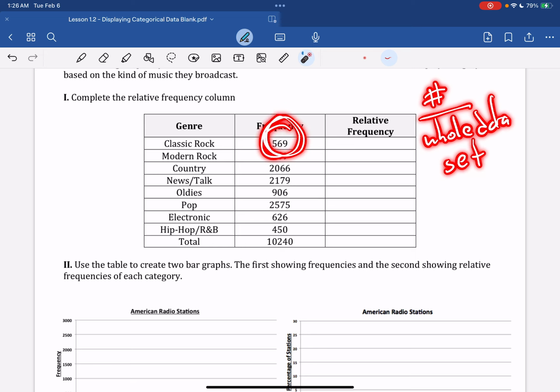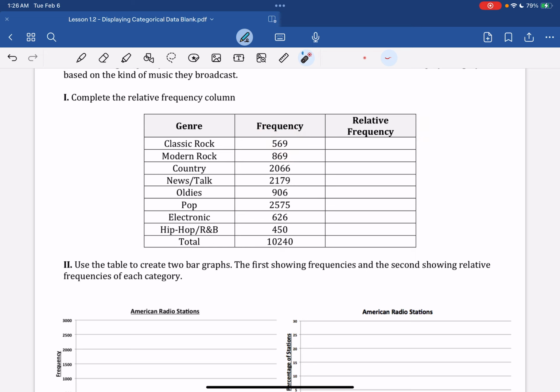So I'm going to take this 569 and I'm going to divide it by our 10,240. So that first piece right here, I'm going to go 569 divided by 10,240, and then I'll multiply that by 100% to get it written as a percentage. When I write that out as a decimal, I'm going to get 5.56 as my percentage. We can go through and do that for each of these.